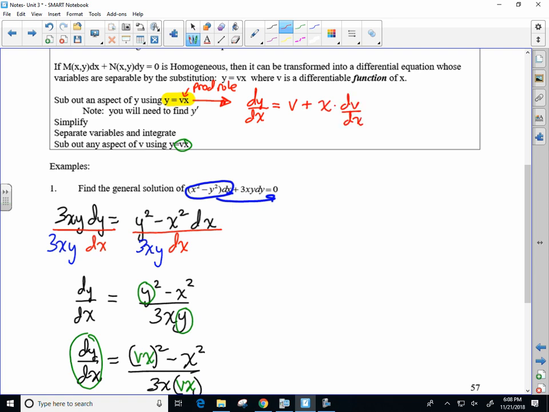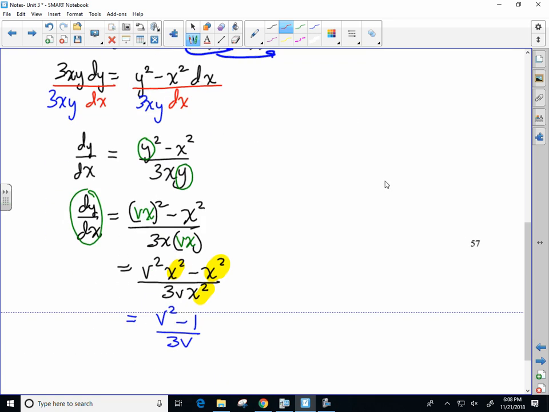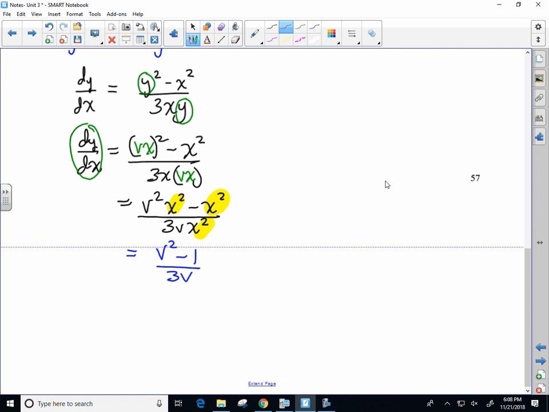Okay, so a little implicit differentiation. All right, so we swapped out the y for a vx. Now we can actually swap out the dy dx for a v plus x dv dx. All right. So v plus x dv dx is going in for dy dx.